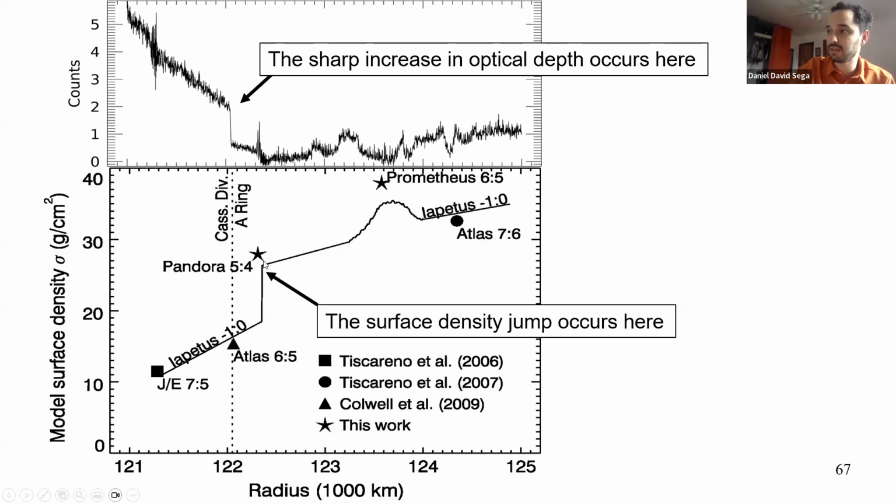So there's this region where there's a high optical depth that doesn't correspond to a change in sigma, if we trust the wave to give us the local value for the surface density. So that's also very interesting, and it's also not understood why that may be happening, but we have an idea.